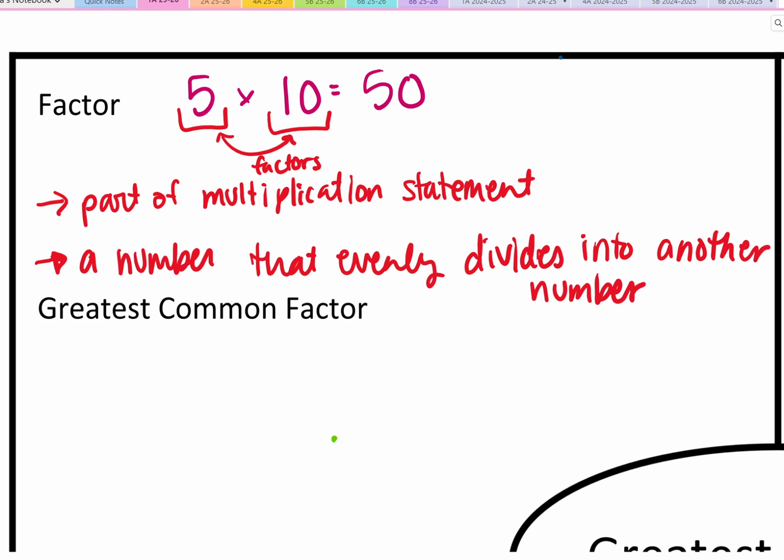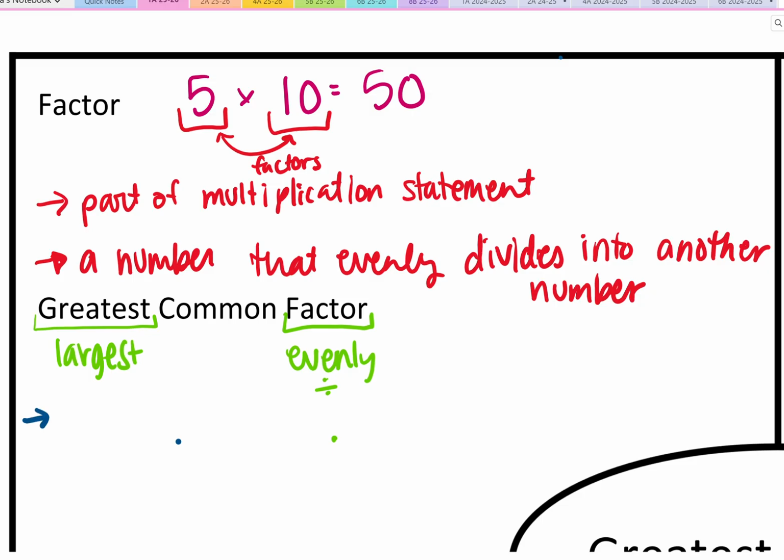So greatest common factor is exactly that. We're looking for the greatest, the largest, common, what they have in common, and then factor is going to be that evenly divides. So we're looking for the largest number that divides evenly into each.